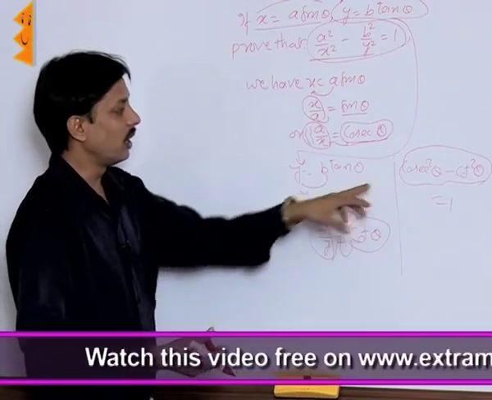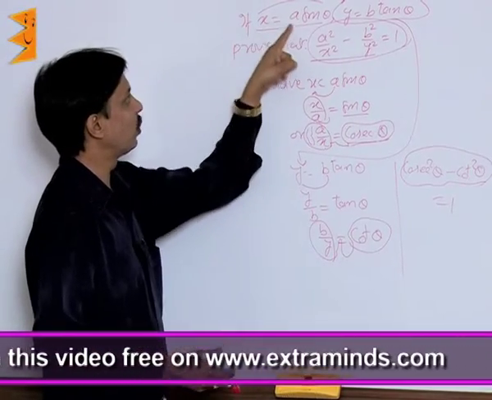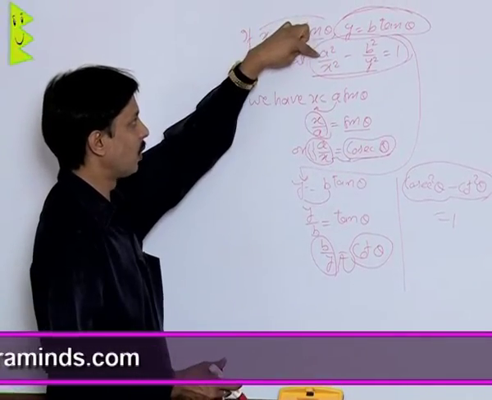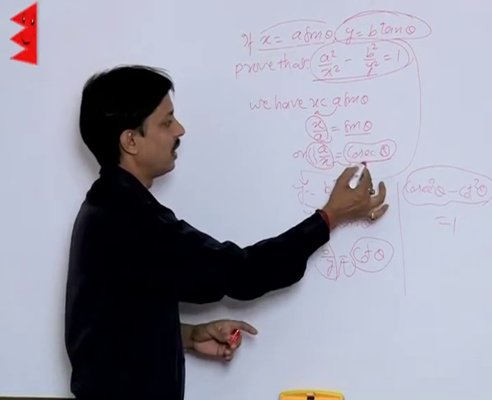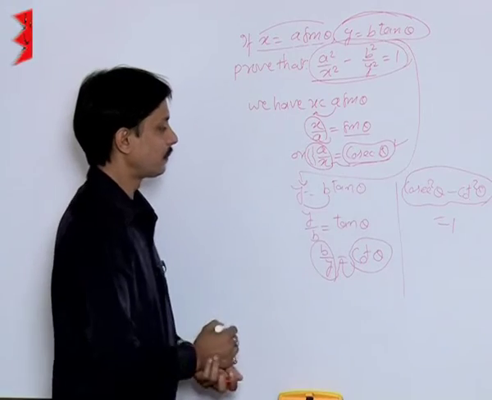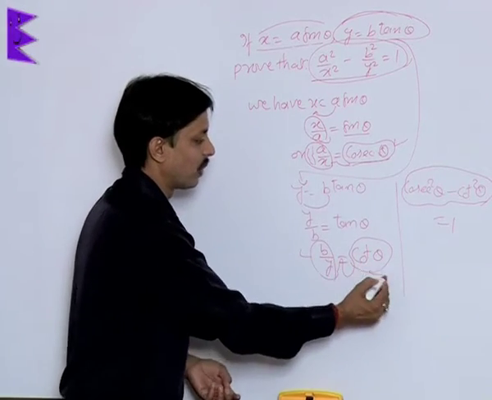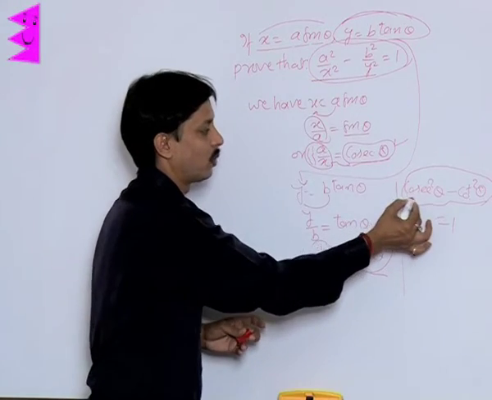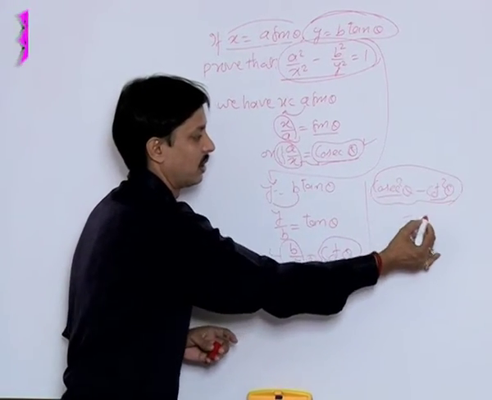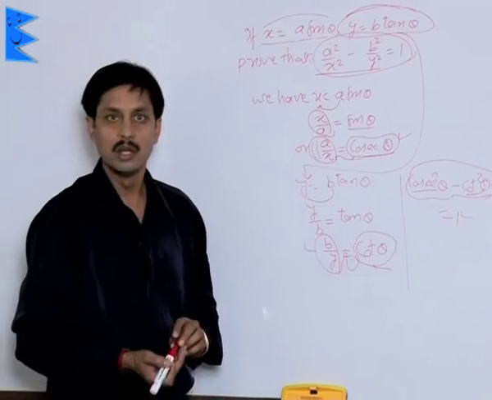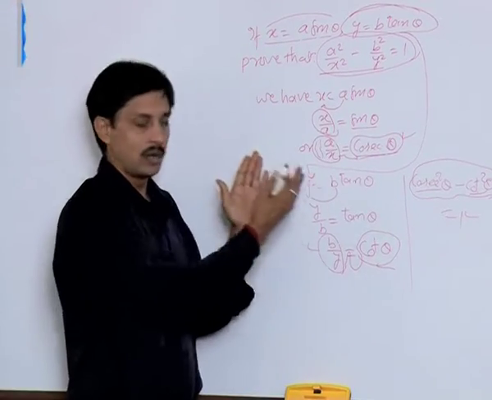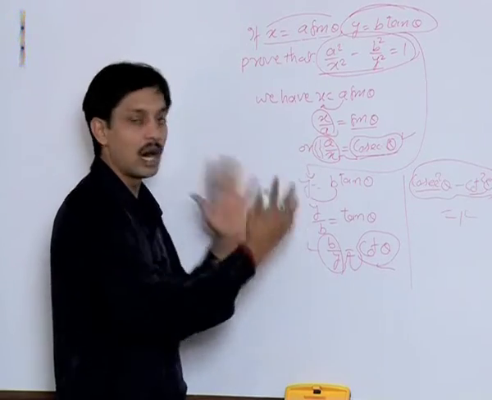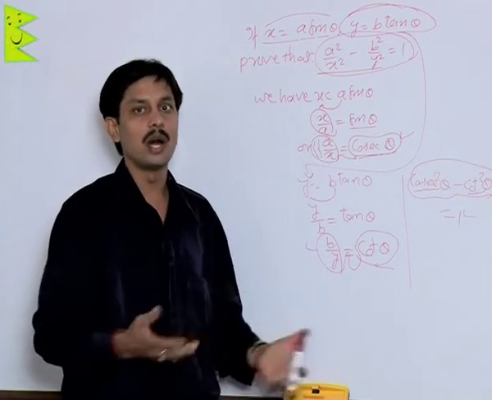So ultimately, if x is equal to a sin theta, y is equal to b tan theta, then a upon x comes out to be cosec theta, b upon y is cot theta, and if we substitute, we find cosec square theta minus cot square theta, that is 1. So these are some problems to show how we eliminate theta or how we prove a result.